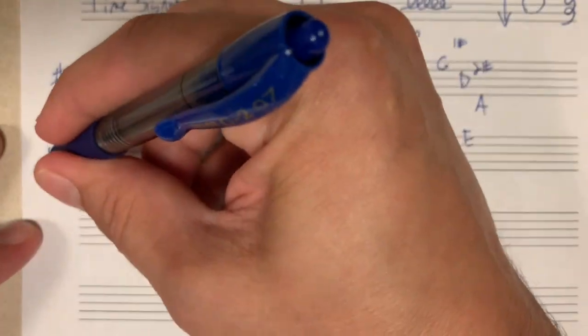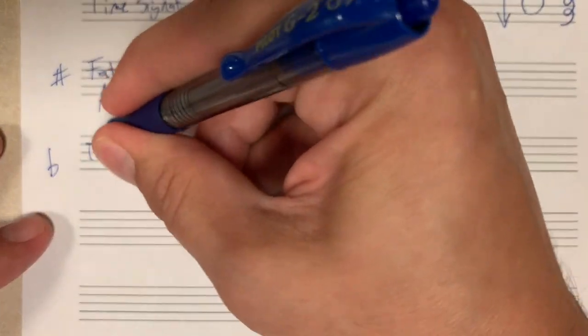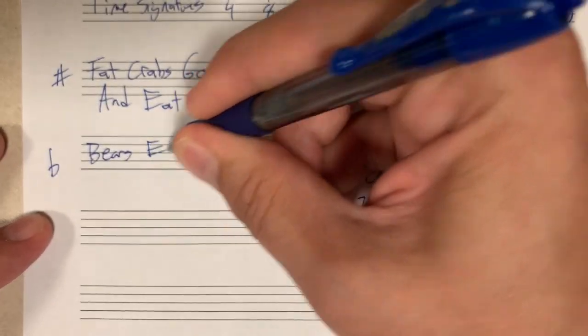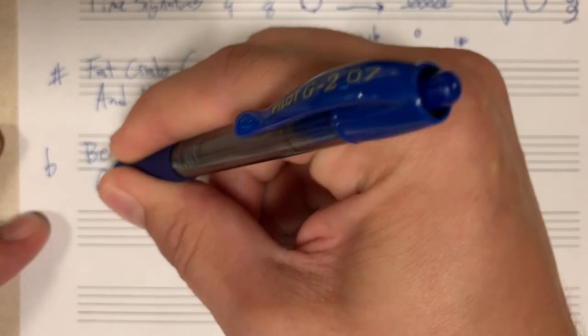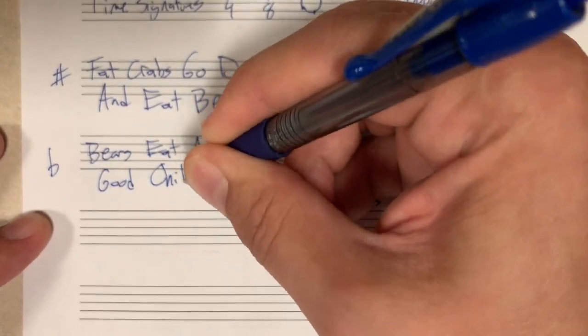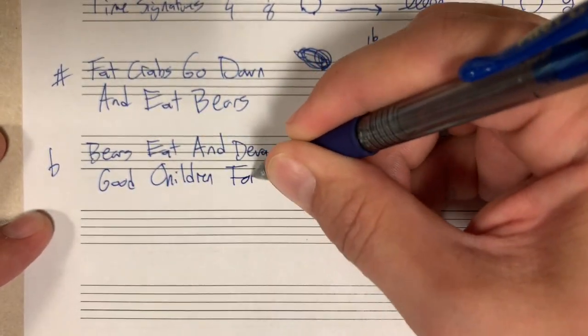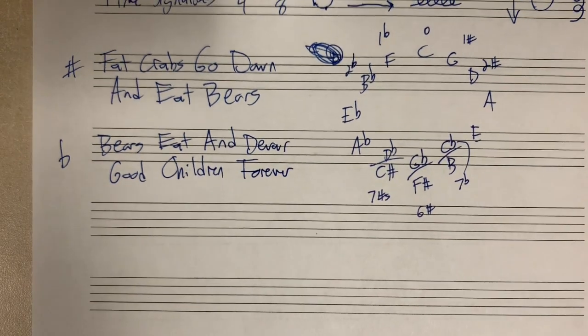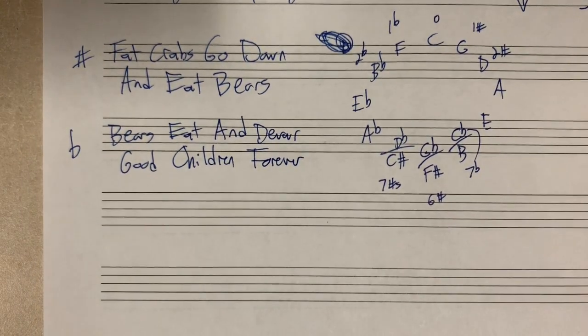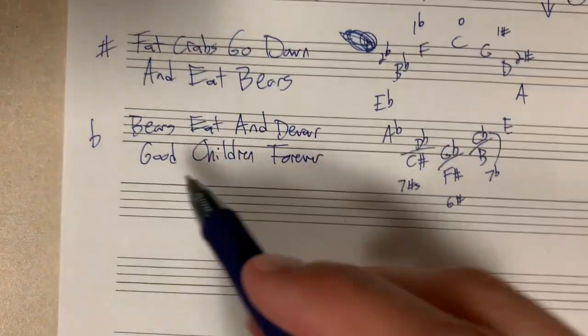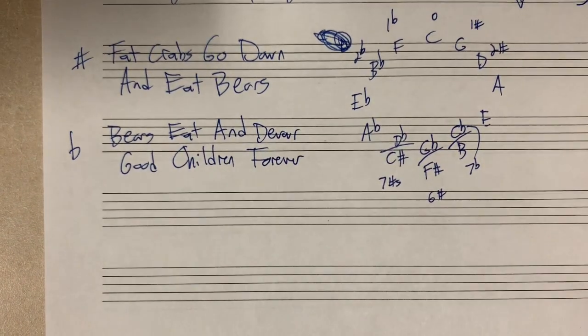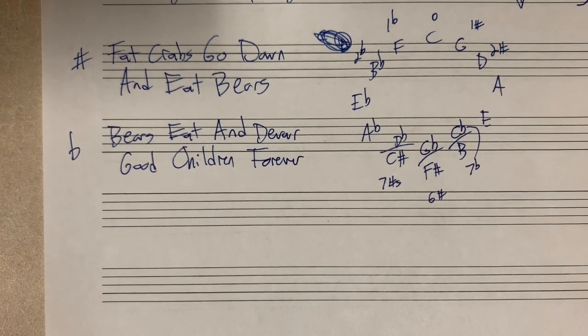And then for flats: Bears Eat And Devour Good Children Forever. I don't know, Mr. Case was a nice guy, but he seemed kind of dark. I'm stuck with him. Like I said, make up your own mnemonic if you don't, for some reason, like these ones.